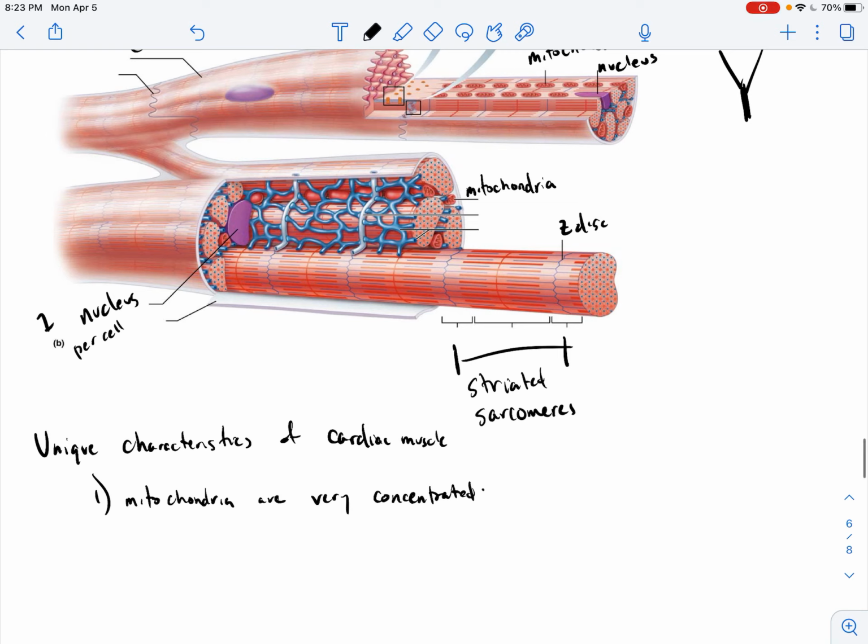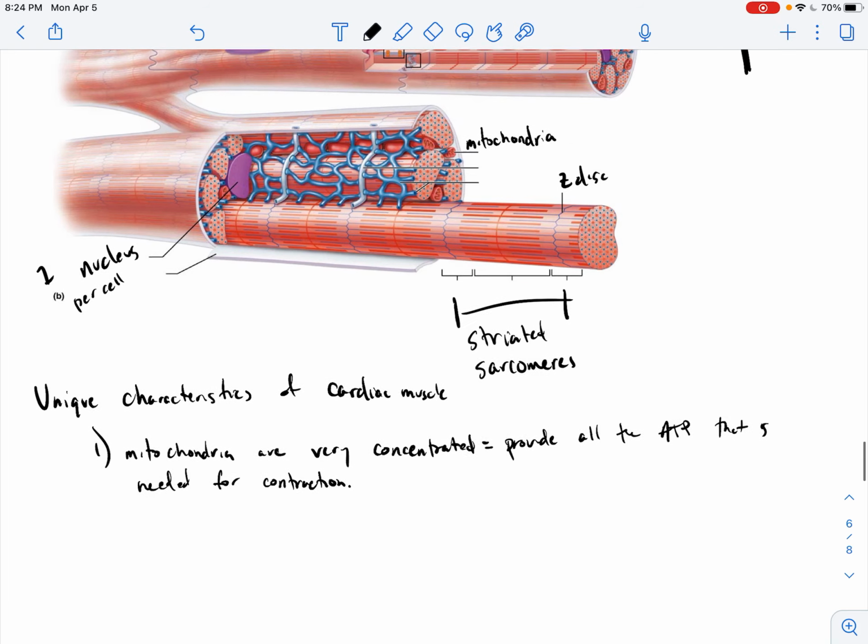And that's a good thing. The reason why is that we can provide all the ATP that is needed for contraction. It would be a bad thing if your heart didn't have any ATP, because then it wouldn't be able to contract. So with lots of mitochondria, we produce all the ATP that we need.